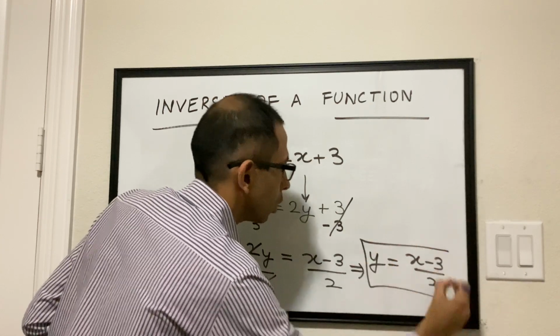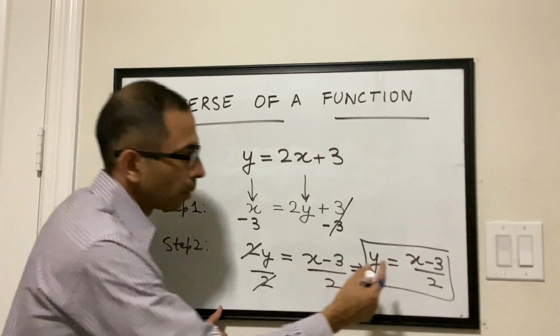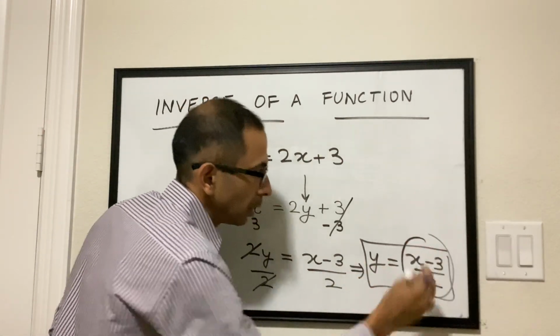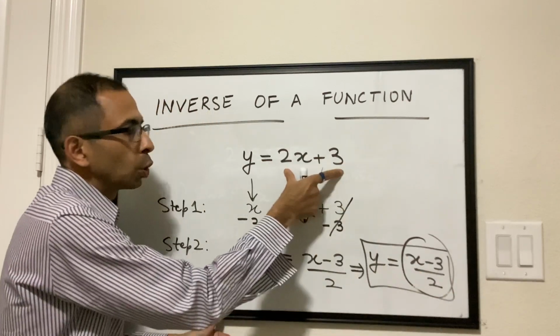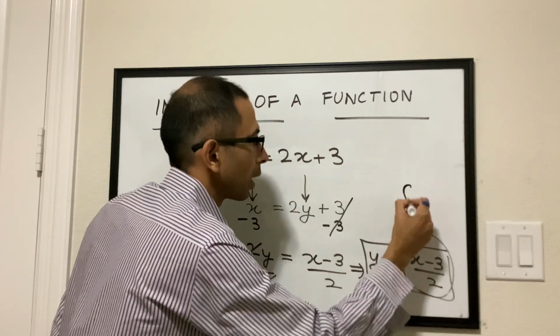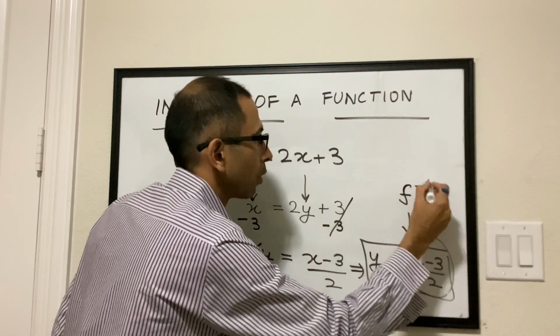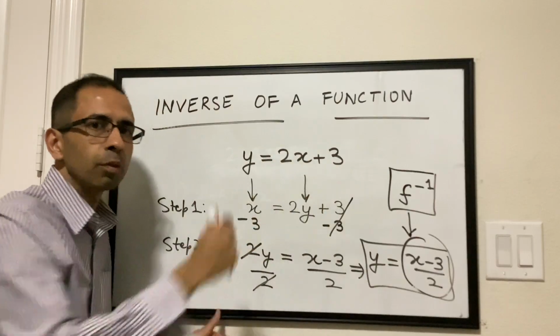So this is how we use the two steps to find the inverse of a function. Now (x minus 3) divided by 2, this is the inverse of the function 2x plus 3, and this inverse is denoted by this symbol f to the power of minus 1. So this is the inverse of the given function.